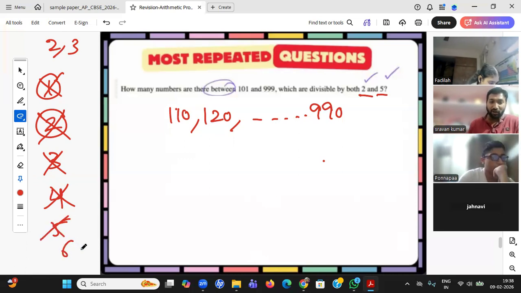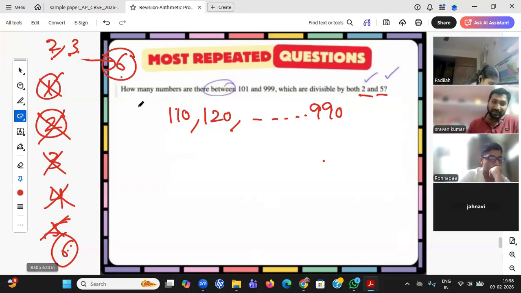You'll go with 6. Now you will see, yes, sir, it is divisible by 2 and also by 3. How did you get this 6? If you take the LCM of 2 and 3, you will get 6. So if I am asking anytime for a number divisible by 2 and 3, you should go for the LCM. The LCM is 6. So if a number is divisible by 6, that will definitely be divisible by 2 and 3.